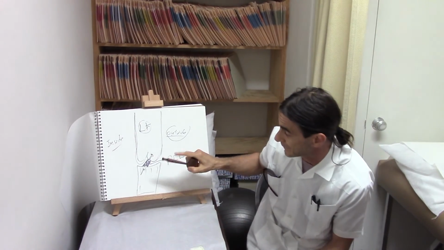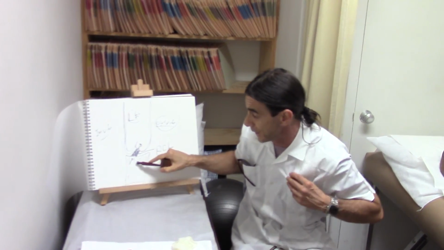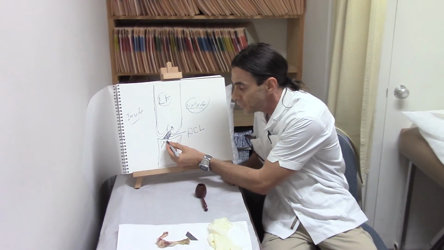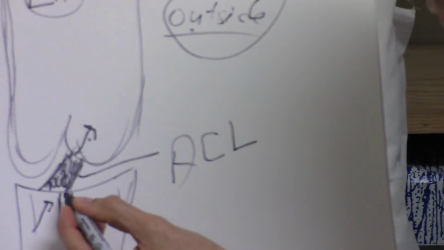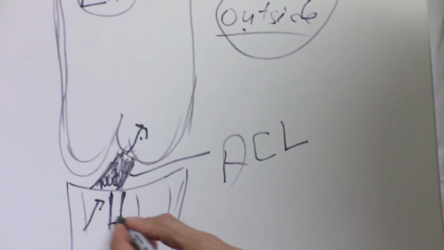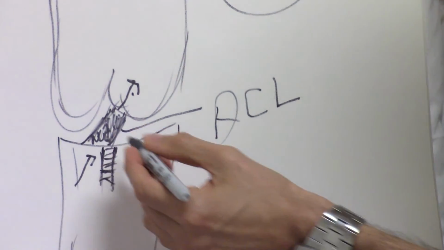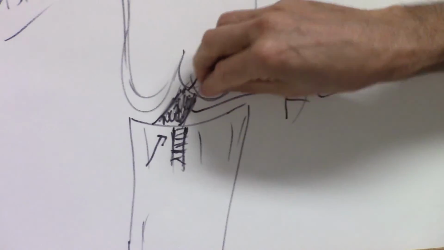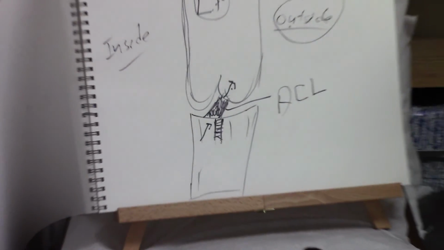Because if he puts that tunnel in a vertically oriented position and you continue to run on it, or you continue to be excessively active on that reconstructed ACL, the tension relationship in this knee is not what it should be.